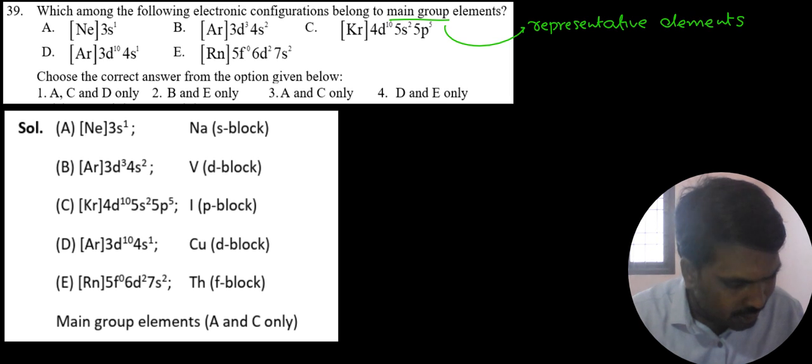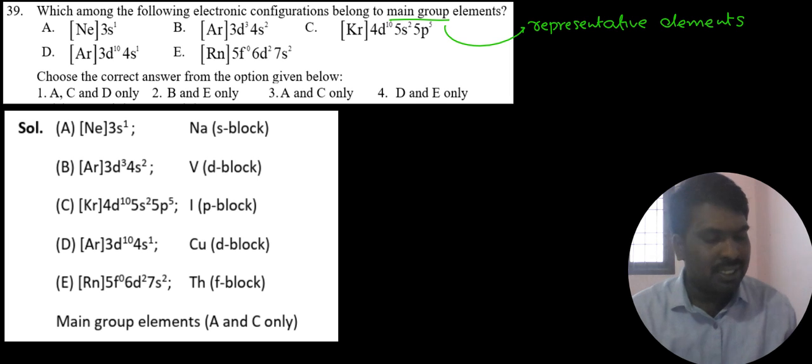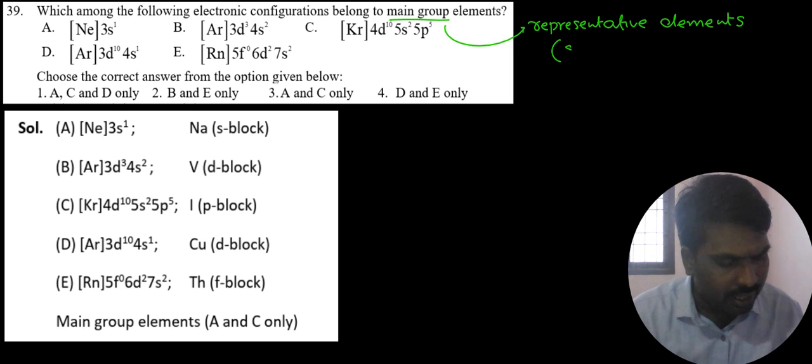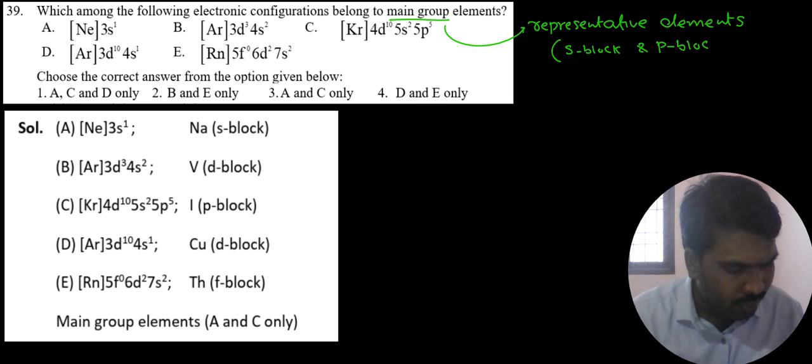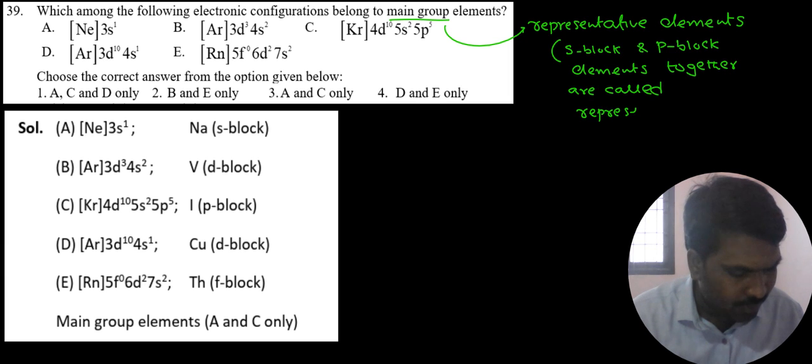Main group elements are representative elements, means S block and P block elements together are called representative elements or main group elements.